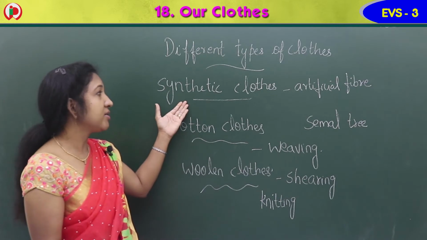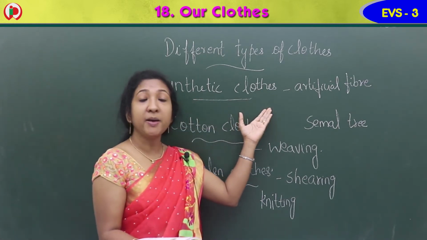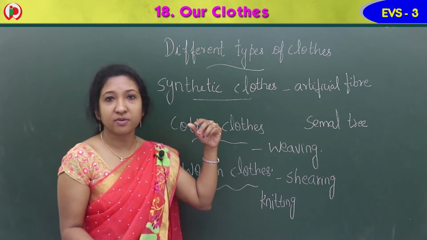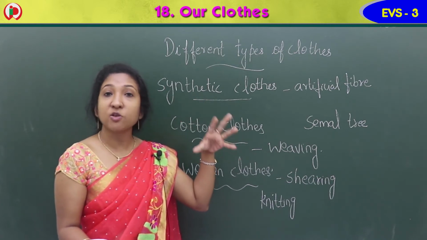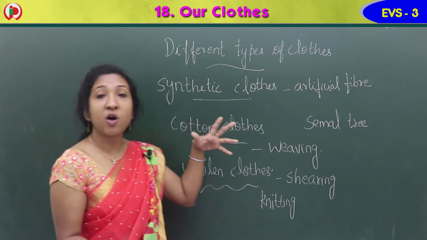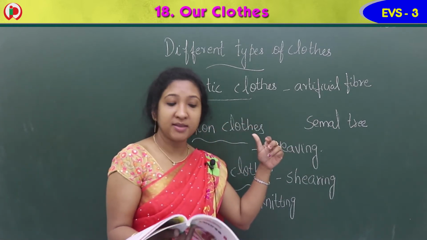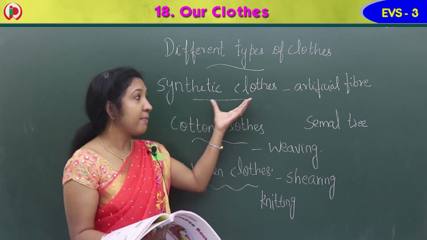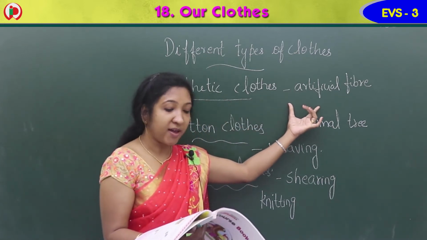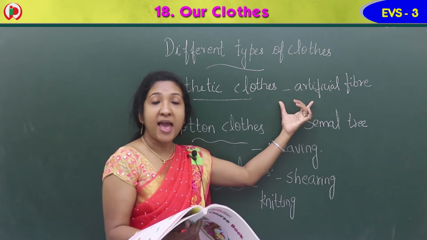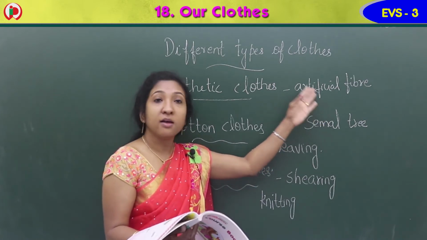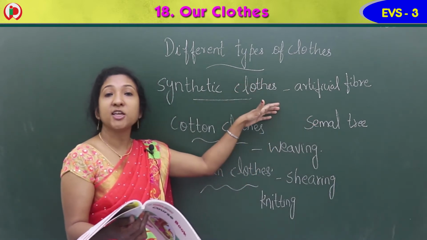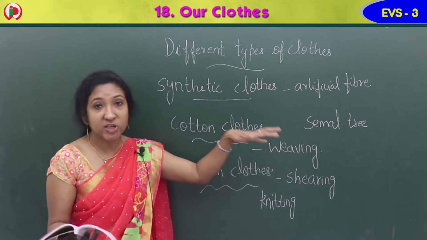Synthetic clothes are made from artificial fibers like nylon, rayon and polyester. They are so shiny and also more durable.